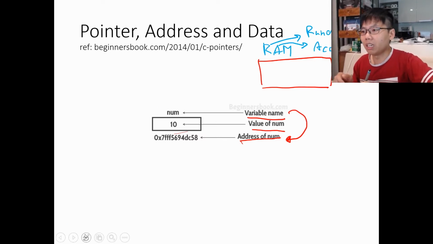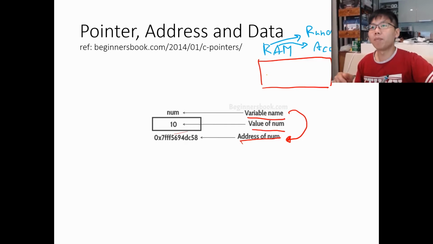Okay, then random access itself means that, generally speaking, from line 1 of code to 2 and 3, you might declare 3 or 4 different variables.